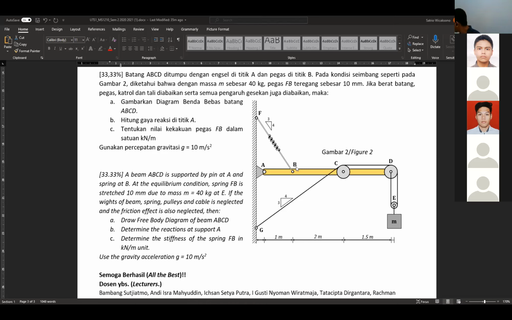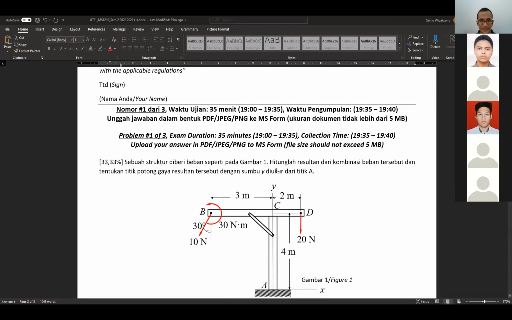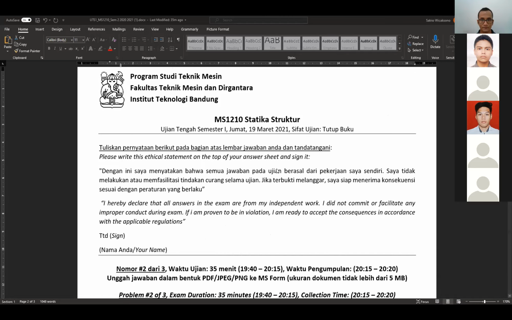I want to ask, sir. So for example, for number 3, if we draw the correct free body diagram, we're going to get points, right, sir? Even though our answers for B and C are wrong, something like that. Yes, of course, you will get it. That's the good thing of dividing it into A, B, C, D like that.